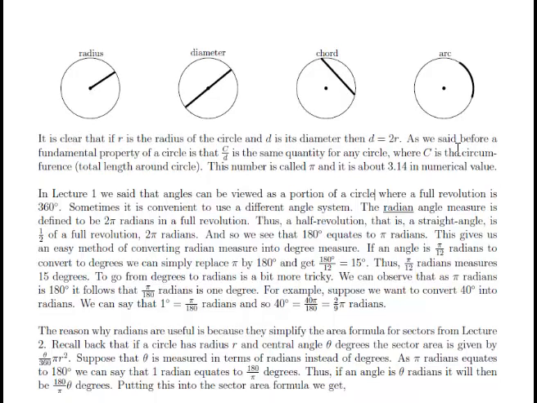Sometimes the term radian is used to measure the length of an arc, based on the idea that the entire circle, the entire amount going all the way around, is 2 pi radians. Now, as you can probably figure out, the word radian comes from the word radius.